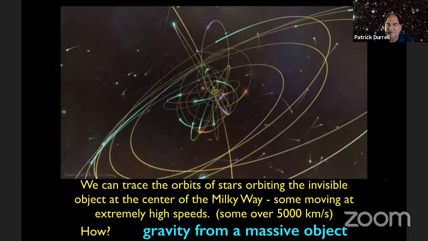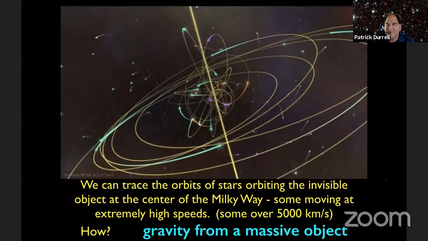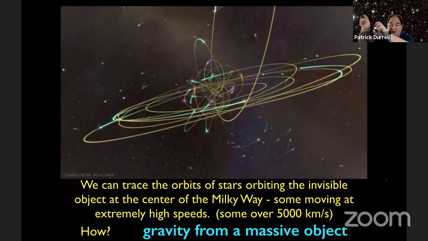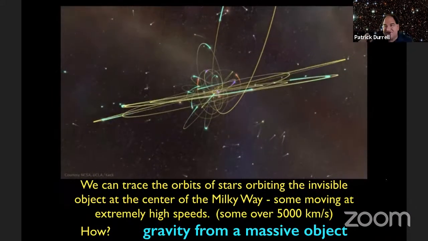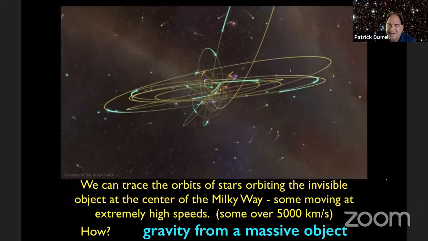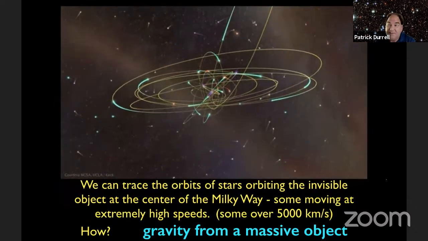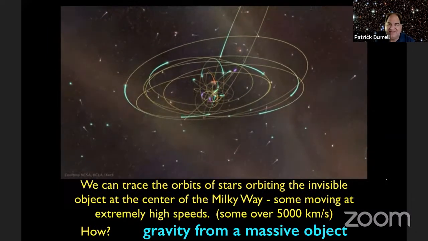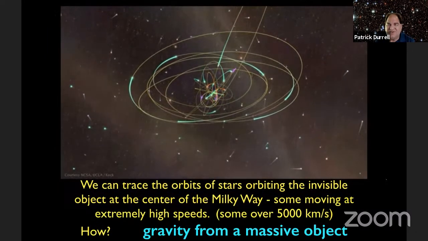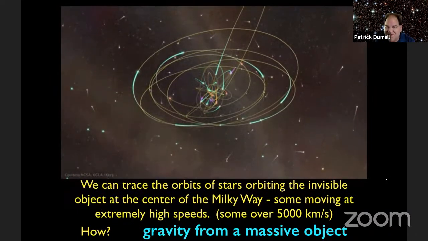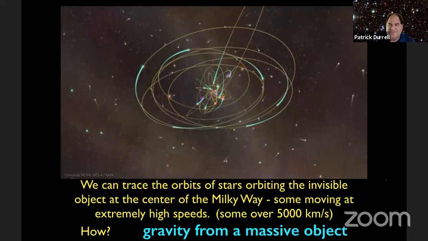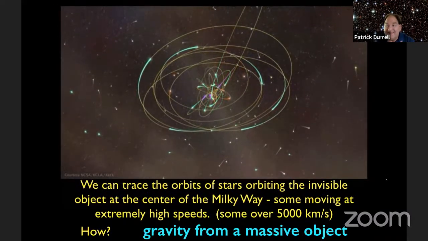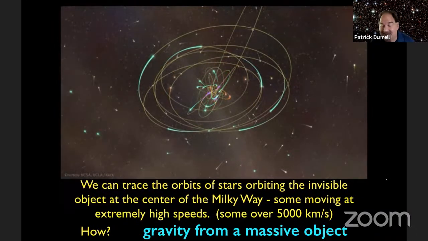So whatever's going on in the very middle of the Milky Way, it's very massive and very small. Because that star I showed you, SO2, passes relatively close to whatever is in the middle, and it comes out every time. It doesn't hit it. And the speed some of these things go: SO2, when it passes close to the middle of the galaxy, is moving at several thousand kilometers a second. That's like getting from here to LA in a second.